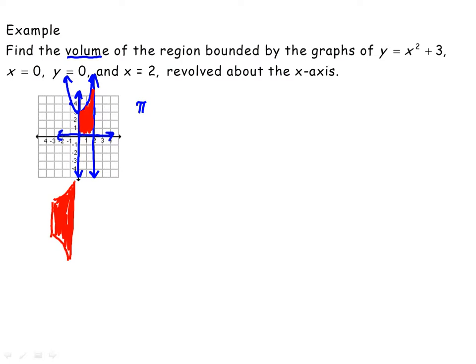So you're going to have pi times the integral. What are my boundaries? 0 to 2. What is the function? Good. So is that how you set it up? Yes, no, maybe? Should be.